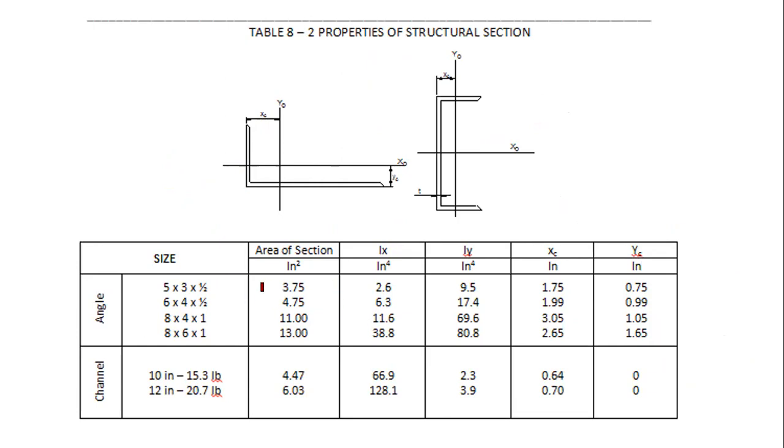Anyway, during the exam, these properties are given. So you have here the size, for example, 5/3 by 1/2. This is the area. Ix with respect to, for example, this one, as you can see here for angle bar, this is its XO, or its axis. So the distance here, going here, is XC, and this one is YC.